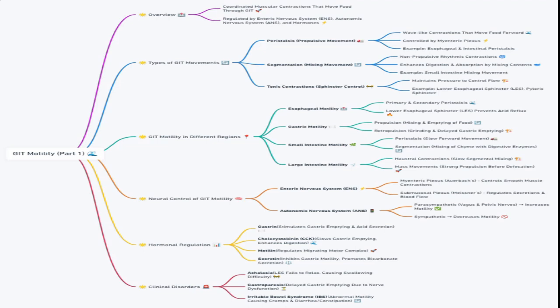Alright, so when it comes to the molecular basis of smooth muscle contraction, calcium plays a prominent role in the initiation of the contraction of the smooth muscle, just like in skeletal and cardiac muscle. Depolarization occurs, so it's depolarized by influx of calcium.